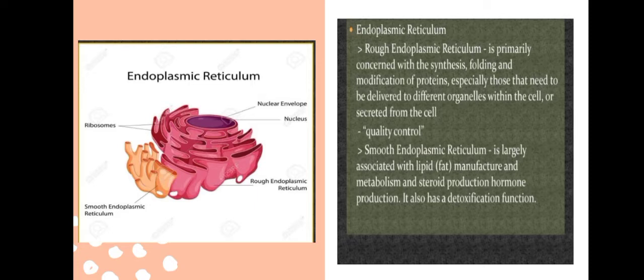This is primarily concerned with the synthesis, folding and modification of proteins, especially those that need to be delivered to different organelles within the cell or secreted from the cell. Smooth endoplasmic reticulum. This is largely associated with lipid fat manufacture and metabolism and steroid production, hormone production.